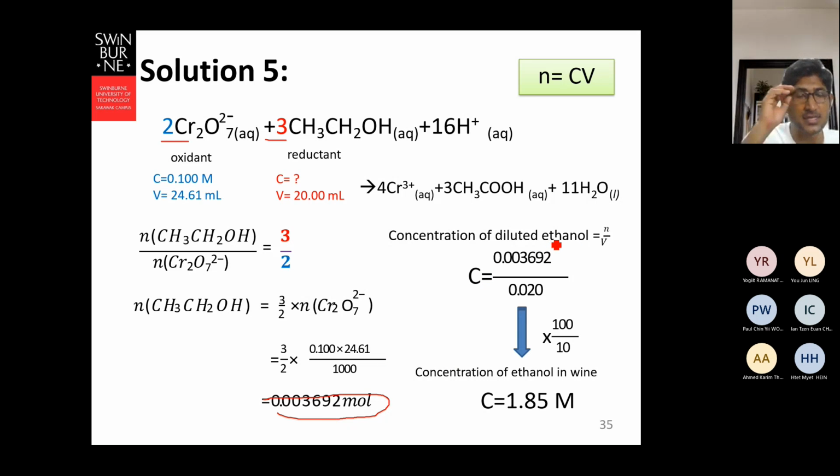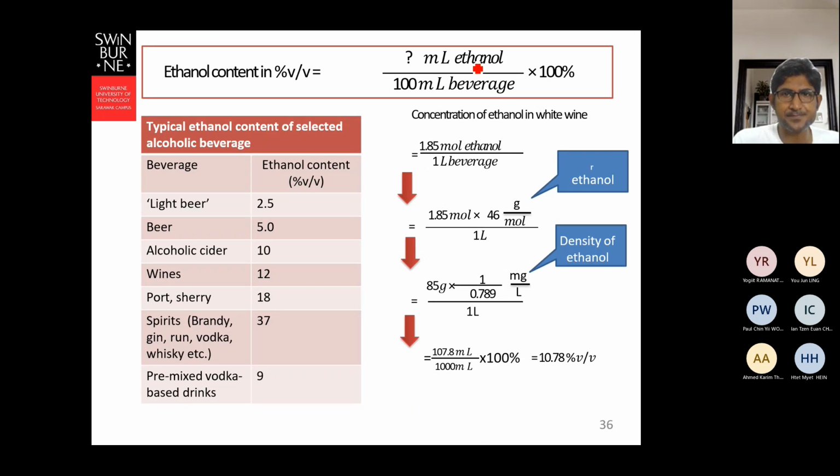The concentration of ethanol in the wine is n over V, the number of moles over the volume. The volume we took was 20 milliliters, and then we diluted, so we have to multiply by the dilution factor of 10. So the concentration was found to be 1.85 molar.